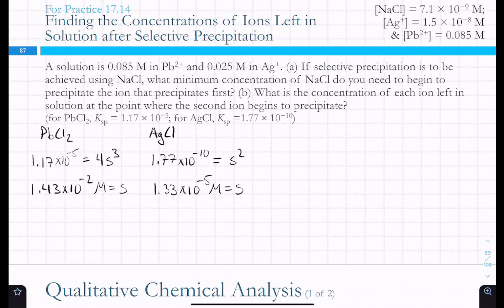How do we calculate how much sodium chloride we have to add, or the minimum concentration of sodium chloride that we need to have? Not even how much do we need to add.